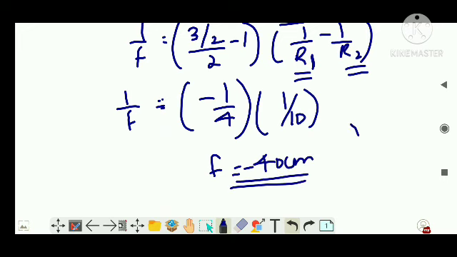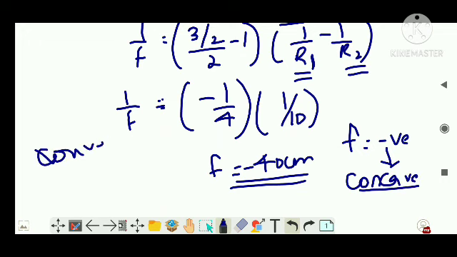Focus is negative, which means it is a diverging lens. It is acting as a concave lens. Initially it was a convex lens in air. Now in the medium with a higher refractive index of 2, it became a concave lens. So there is a characteristic reversal depending upon the medium.